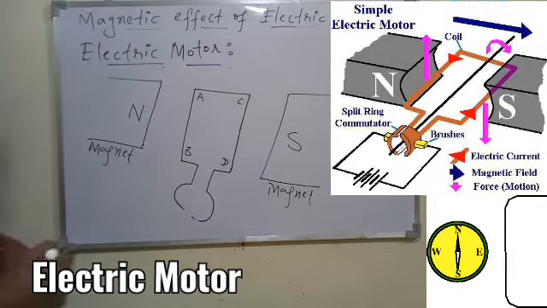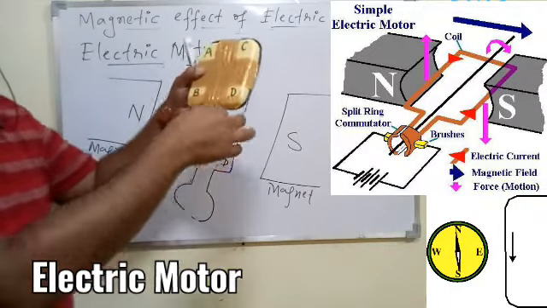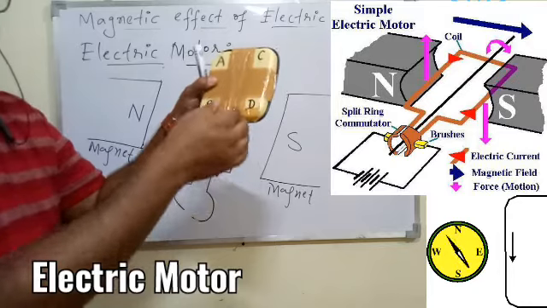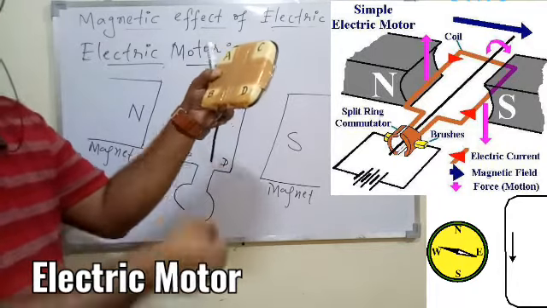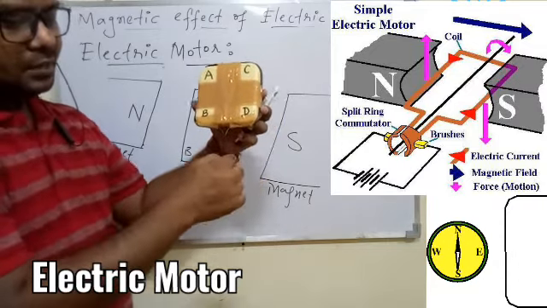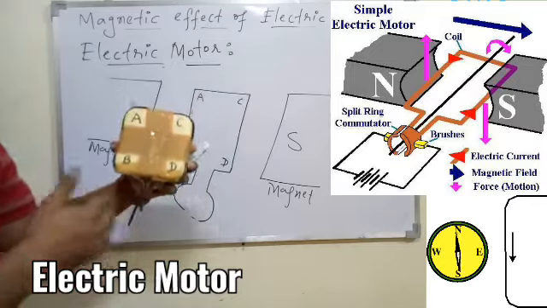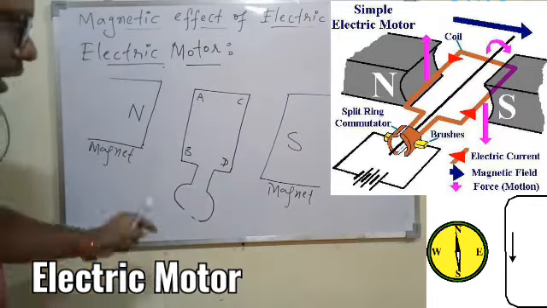So just imagine that this wire is so rigid, it's not like this, it will be given a proper support with the help of some rigid material, and then this wire will be connected with one half ring this side and half ring this side. Okay, so the ring I cannot show now, but you can see in the diagram.